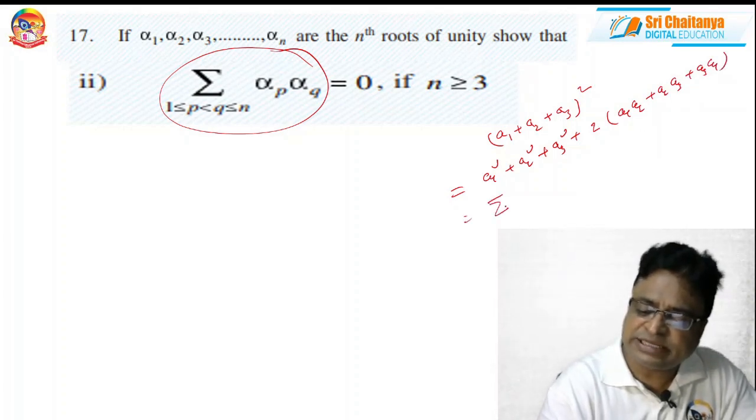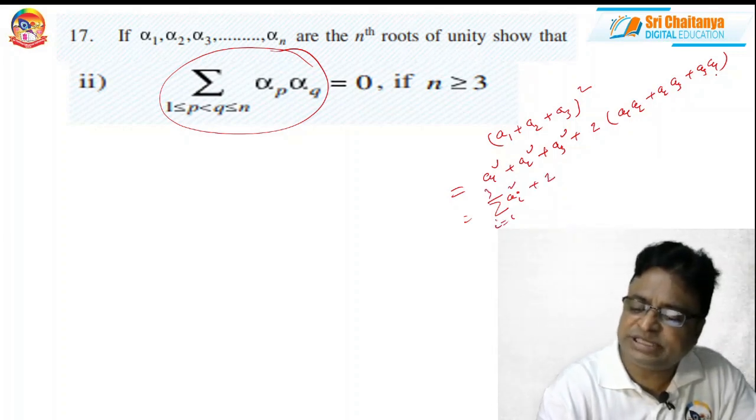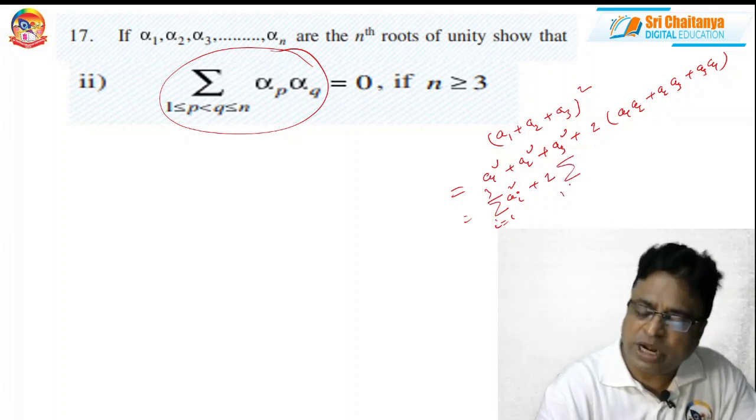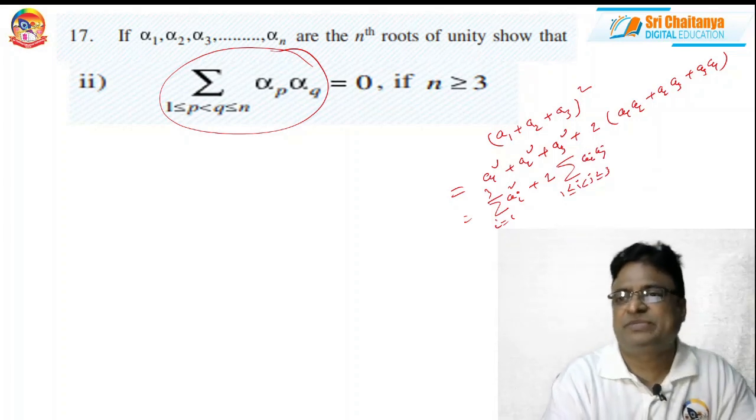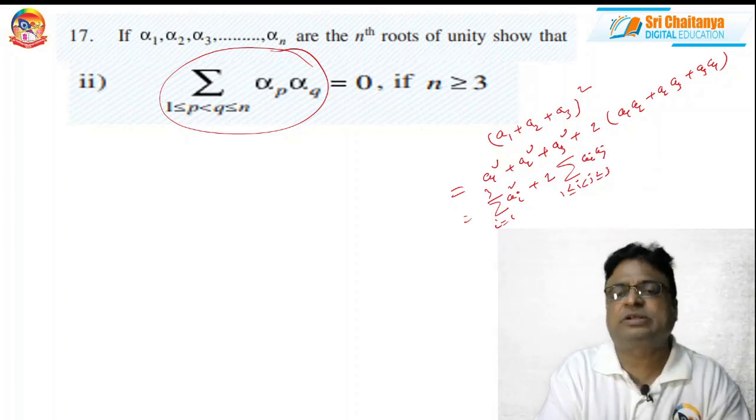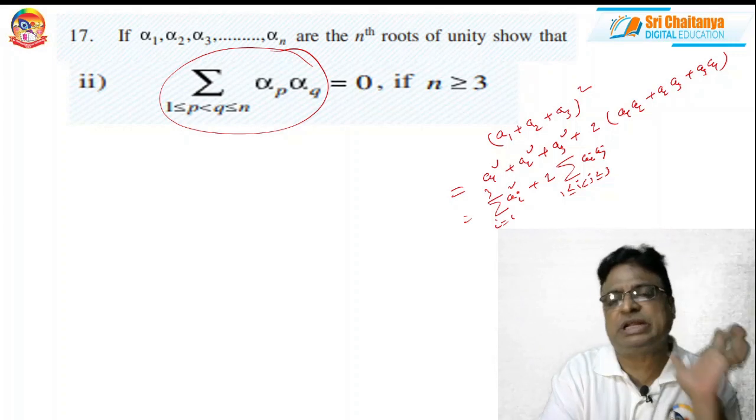This I can write as sigma ai square, where i equals 1, 2, 3, plus 2 into this summation, which we can represent as sigma over 1 less than or equal to i less than j less than or equal to 3 of ai aj. Both are the same. To learn about that notation, I have given a particular example.